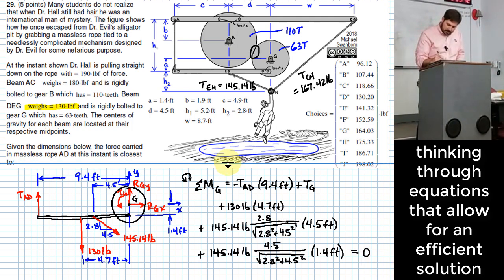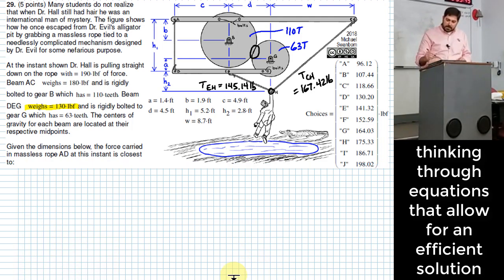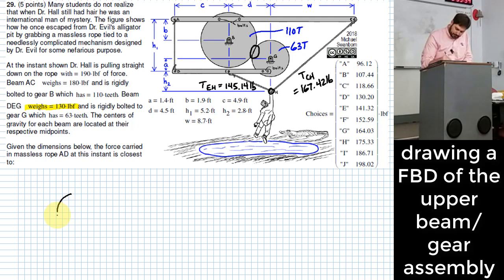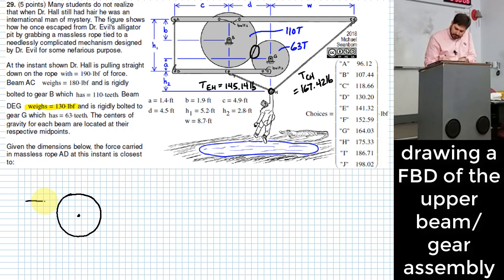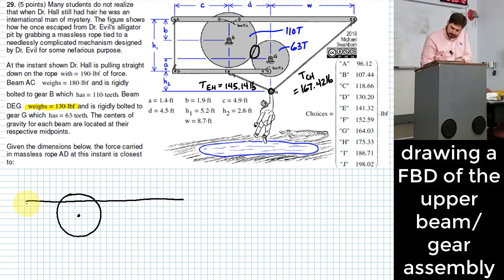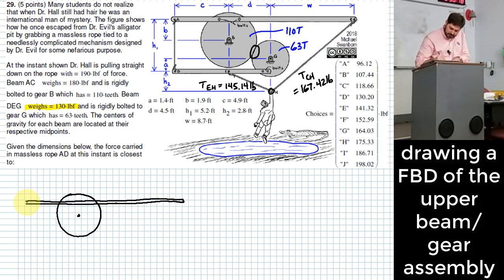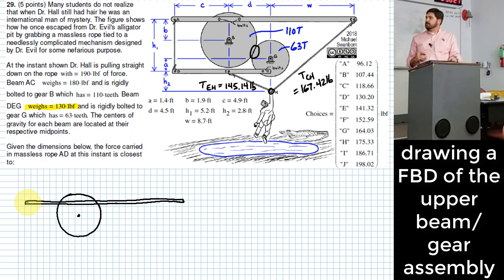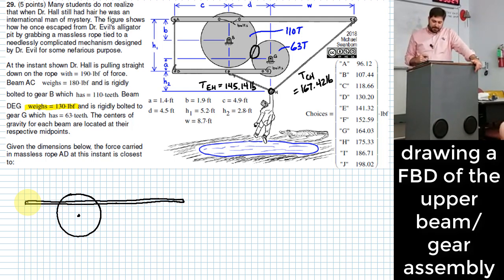Doing something similar to what we just did, only now for the top body, the gear around B, or the pin at B, and the beam that's attached to it. That'll have to suffice for our free body diagram shape.